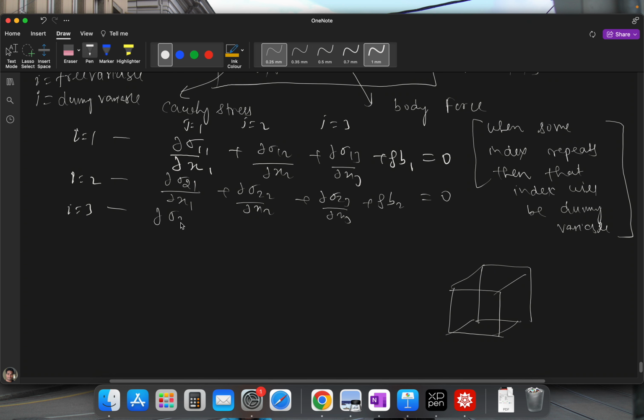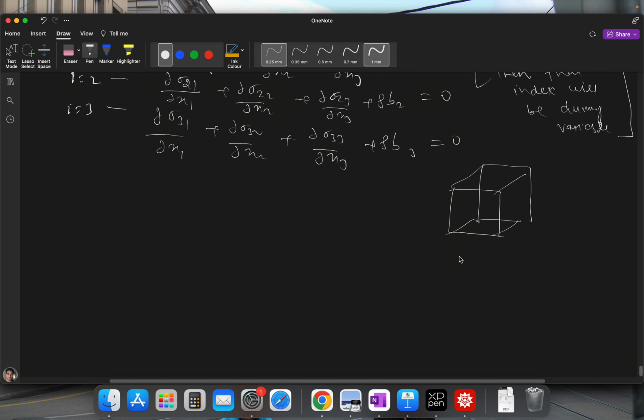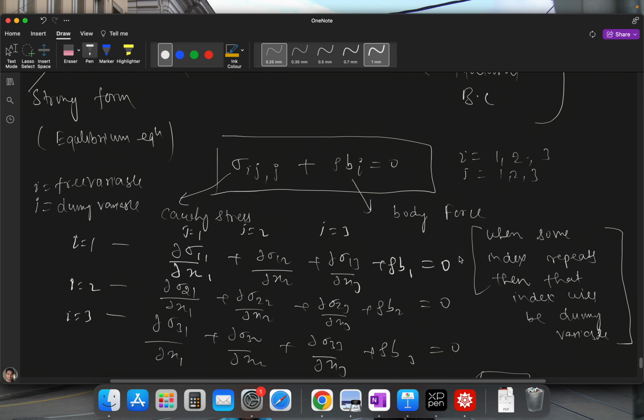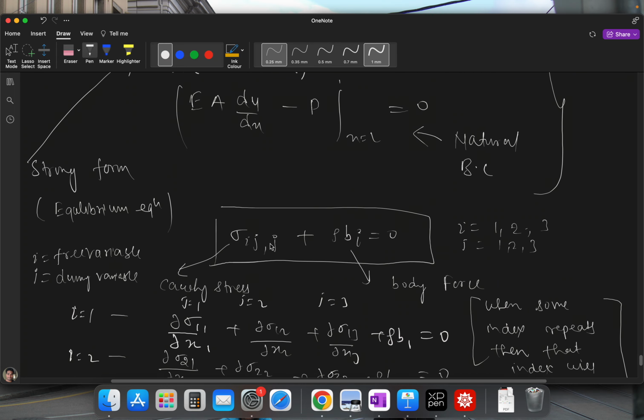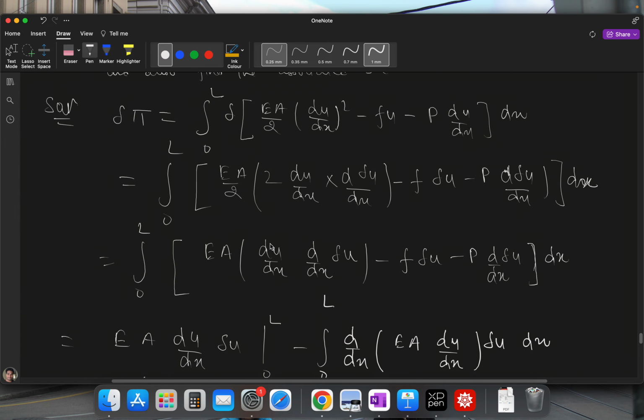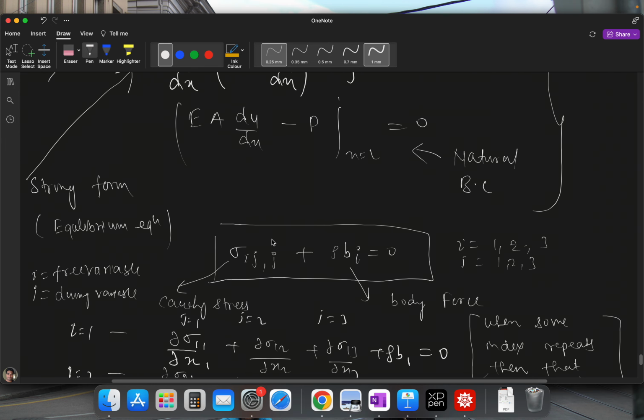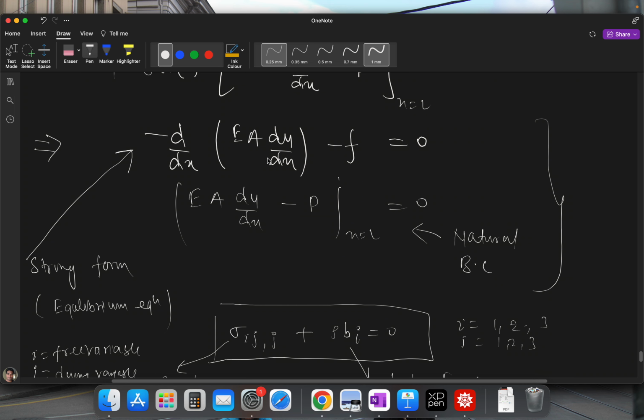Now del sigma 3 1 del x1, del sigma 3 2 del x2, del sigma 3 3 del by x3 plus rho b3 equal to 0. Okay, now I told you, when you simplify all these for this problem, you will get this differential equation.